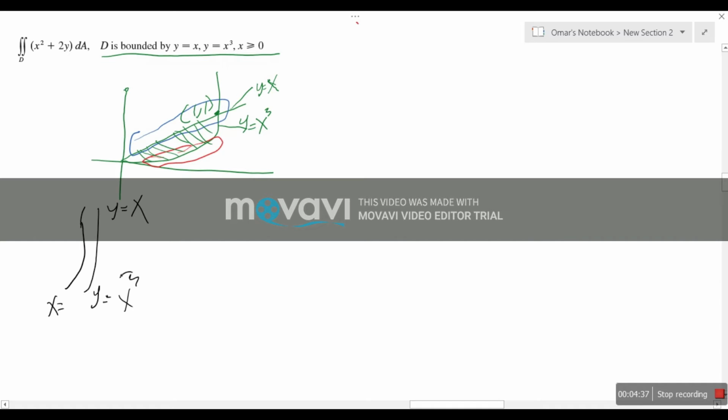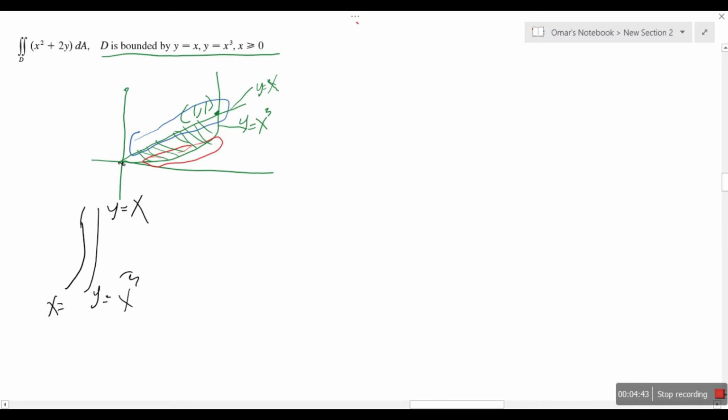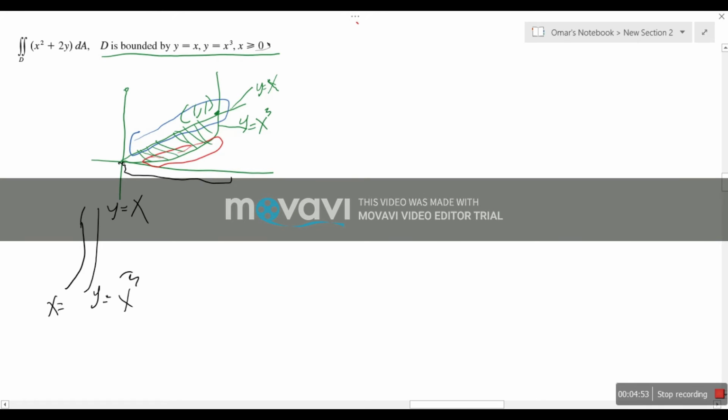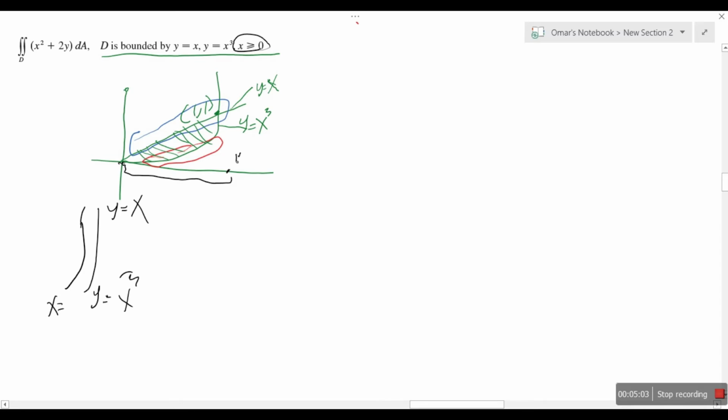Now we go to the x. We know the area bounded starts from 0, as x is equal to or greater than 0, and it reaches x equals 1 over here.